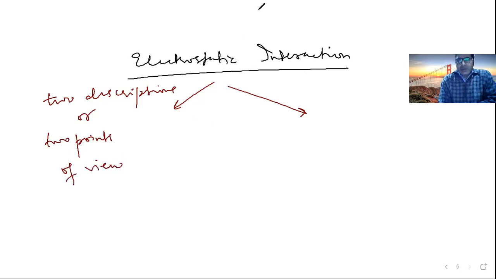One point of view is called action at a distance idea. The second idea is the field idea.